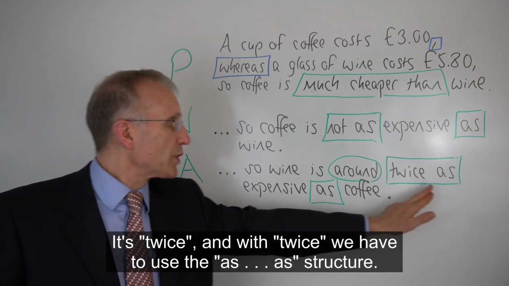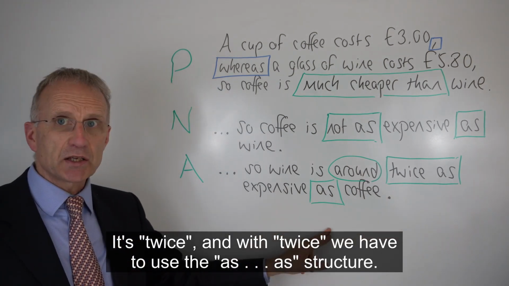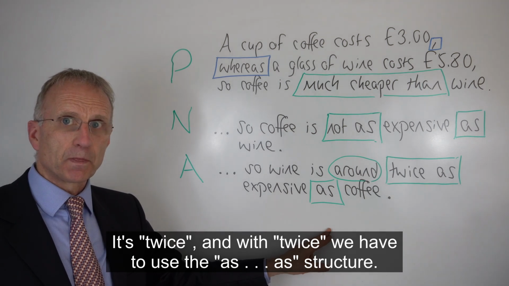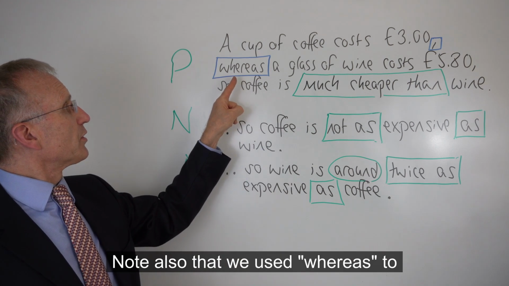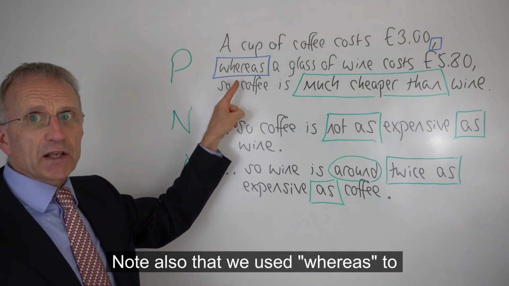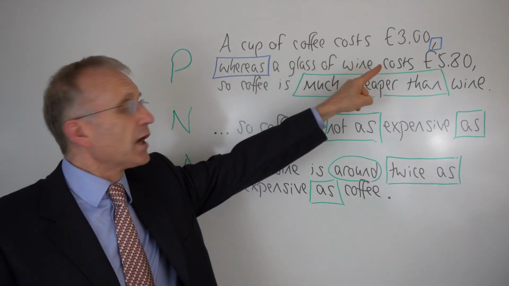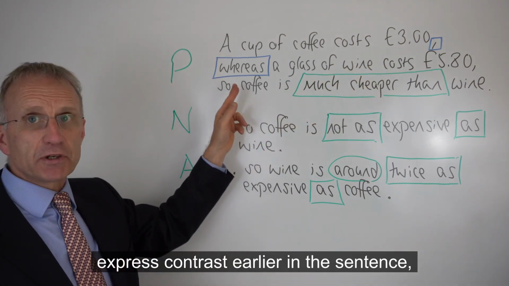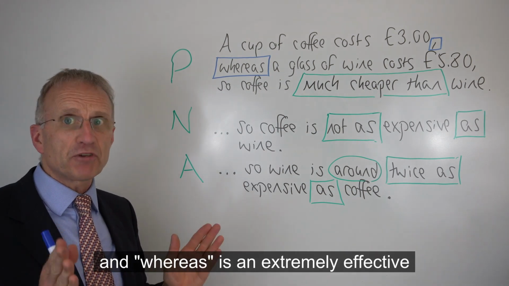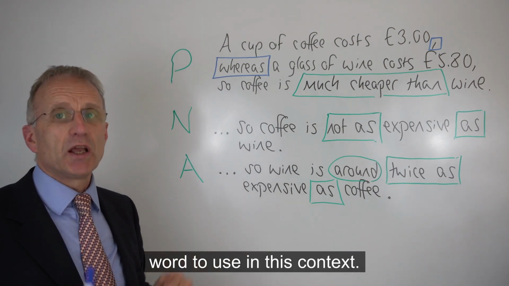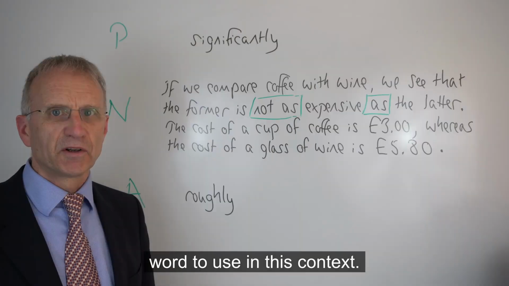And with twice, we have to use the as structure. Note also that we used whereas to express contrast earlier in the sentence, and whereas is an extremely effective word to use in this context.